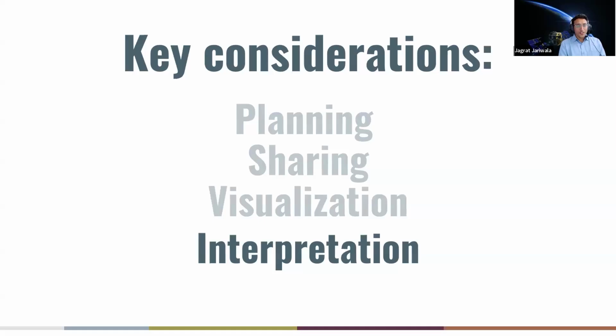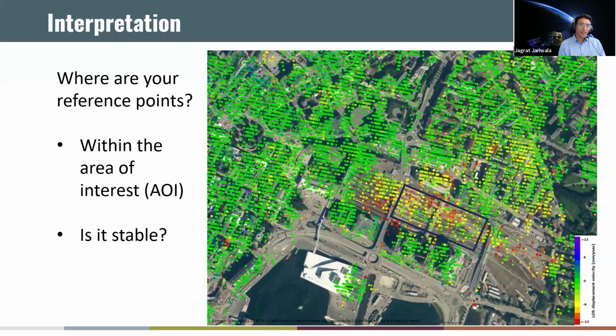Now let's look at interpretations. Now you have all this data visualized. What are some key points that folks need to have in mind while looking at all of this?